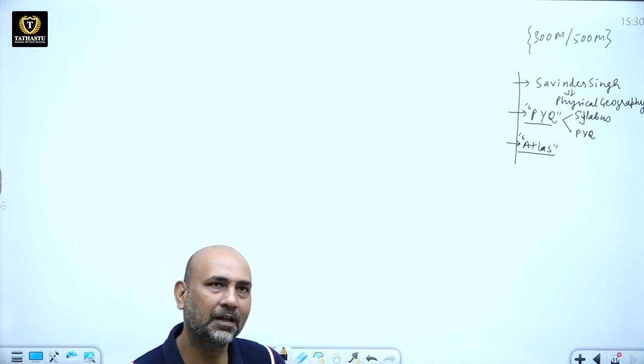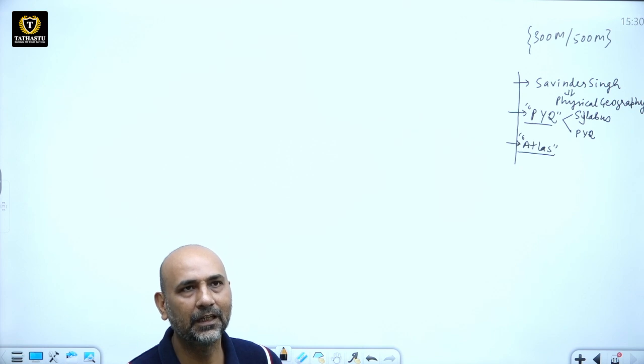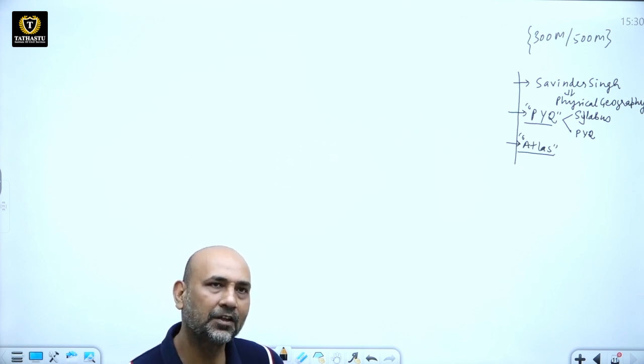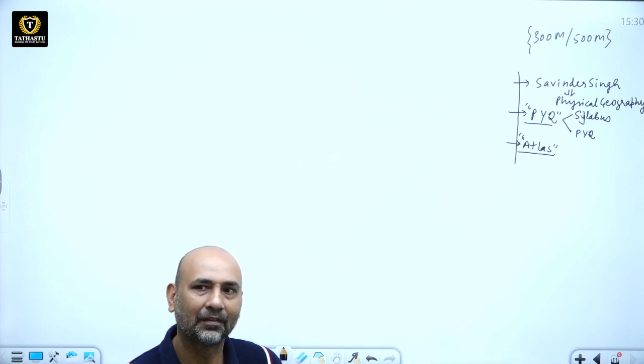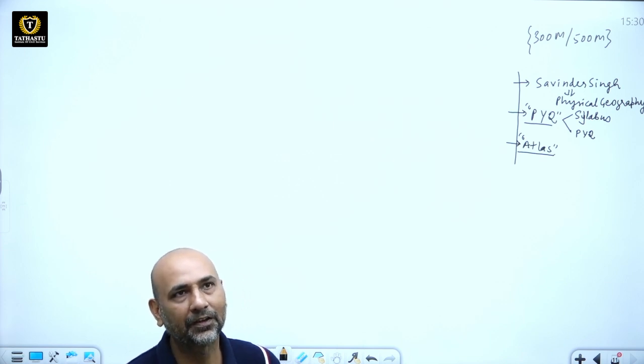Now the optional subject will start. You cannot bank on GC Leong. GC Leong is a very basic book. GC Leong is now even not sufficient for the geography GS mains. Even not for the prelims GS geography.